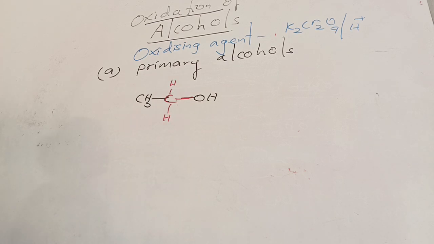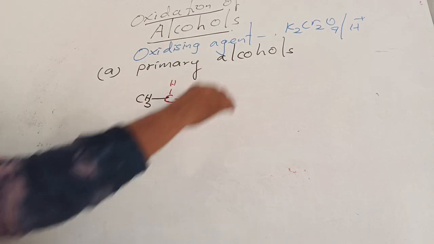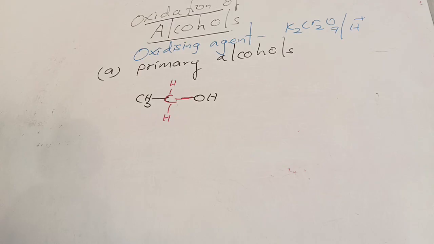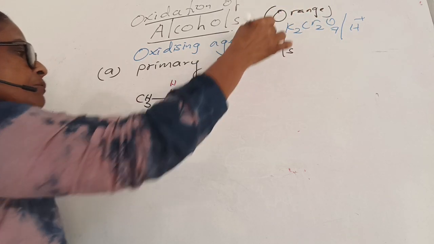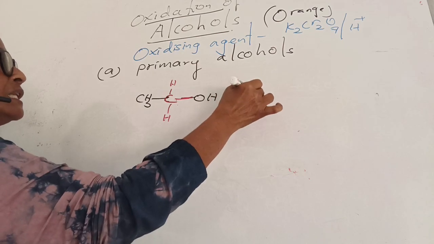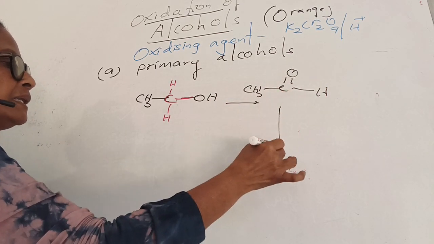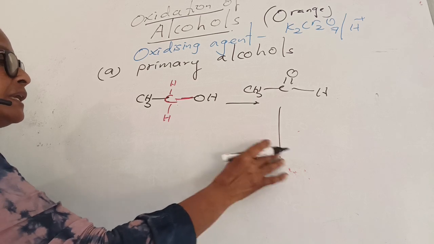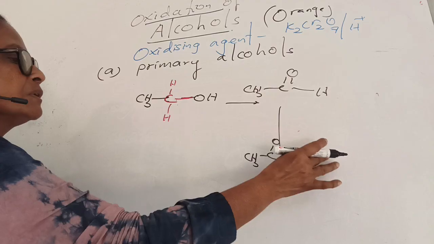The oxidizing agent is always potassium dichromate in the presence of some acid, which we call acidified potassium dichromate. This is usually orange in color. So that primary alcohol will undergo oxidation. Very often the oxidized product goes through an intermediate aldehyde, and the final product would be the carboxylic acid.